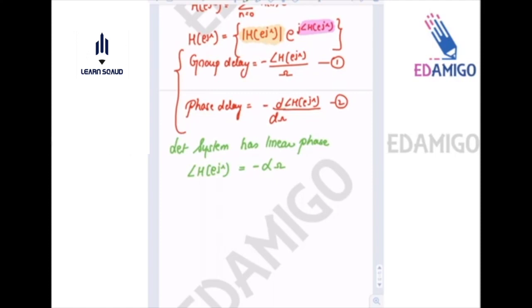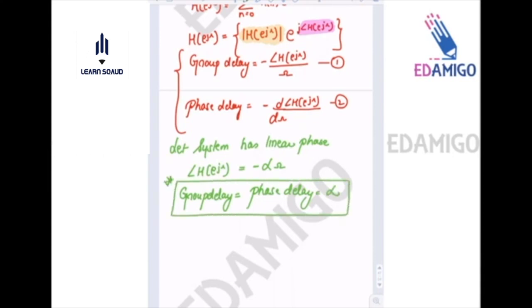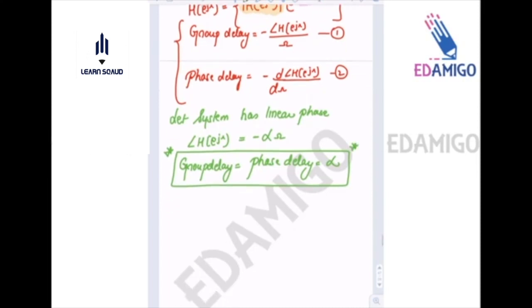So we can say that in this case the group delay will be equal to the phase delay and it will be equal to alpha.